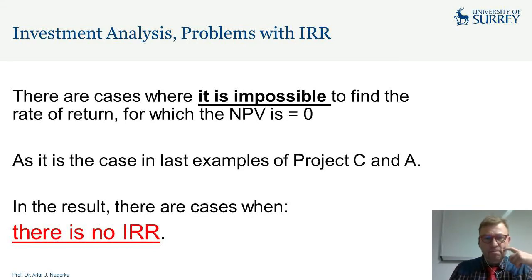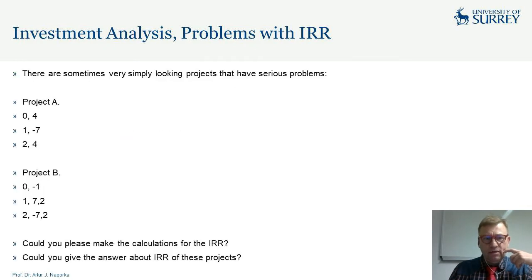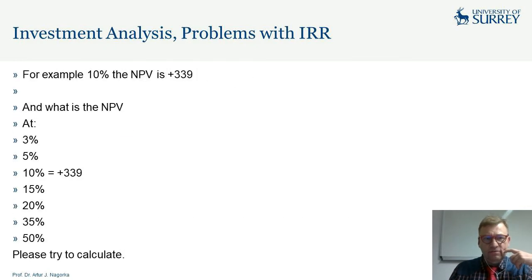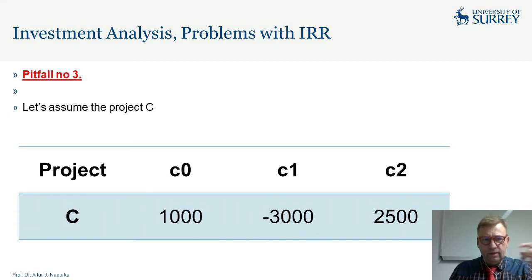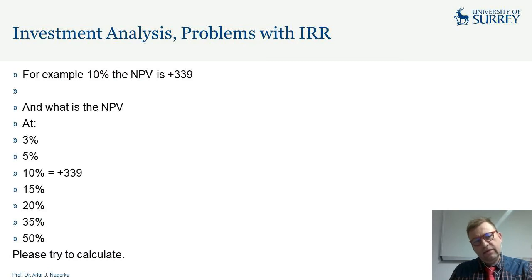Let me go back for a moment, because I gave you this example, project C, and I hope when you calculate, you will find that at any of these rates the NPVs will be positive. But you have to calculate and find it.